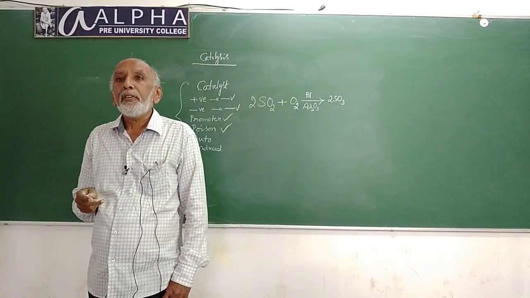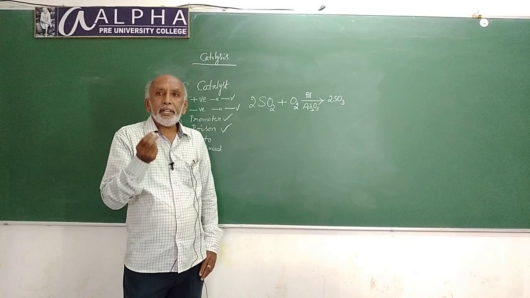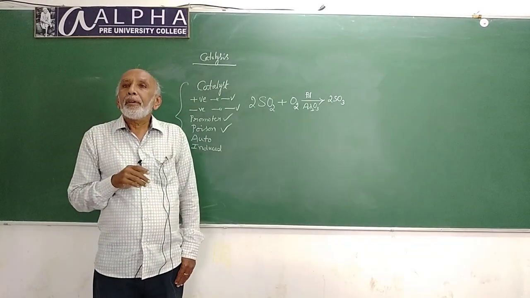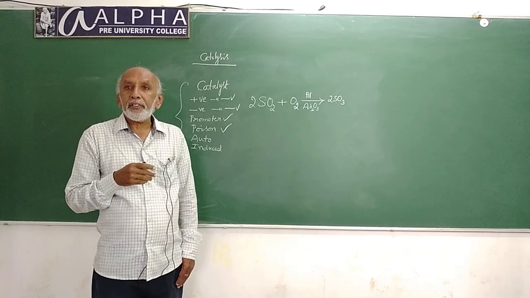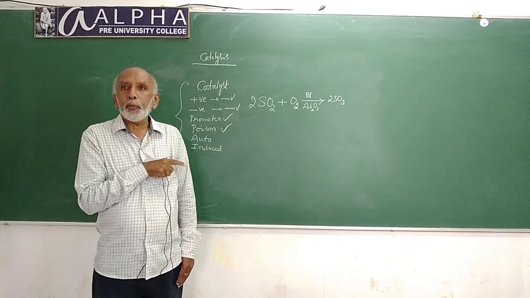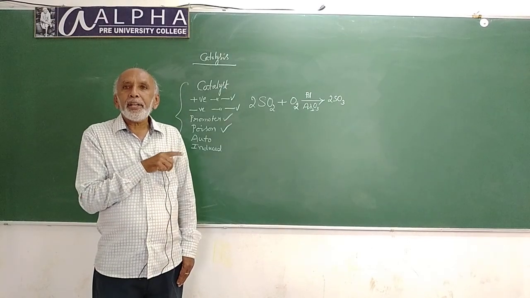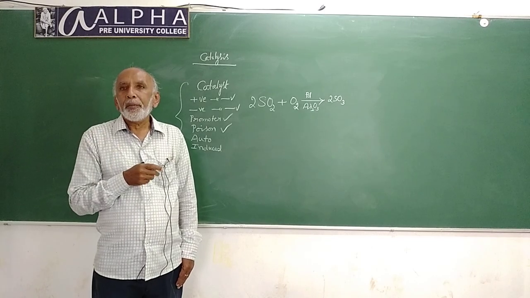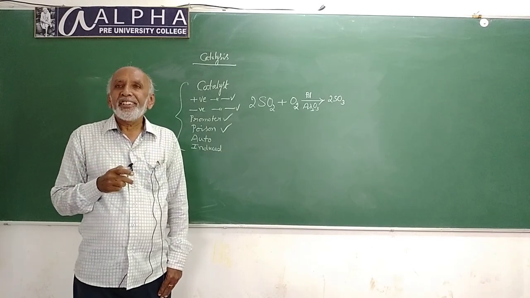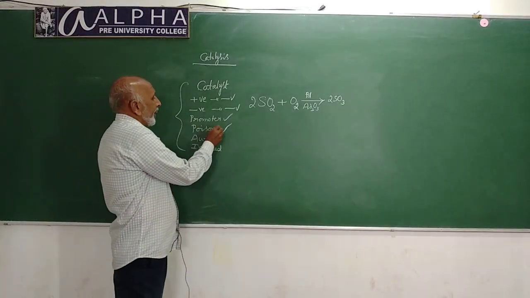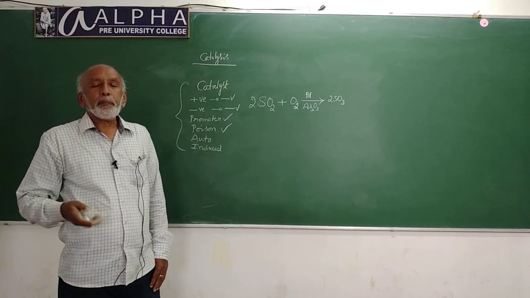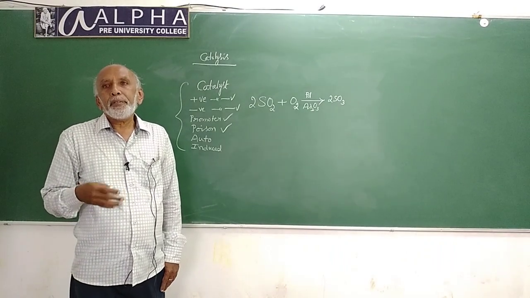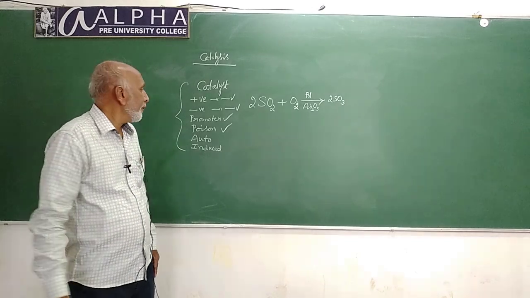Catalytic poisons get adsorbed on the surface of catalyst in preference to reactants. As the result, reactant molecules do not get the space to adsorb or to undergo reaction. This is how catalytic poison decreases the activity of catalyst and promoters increase the activity of catalyst.